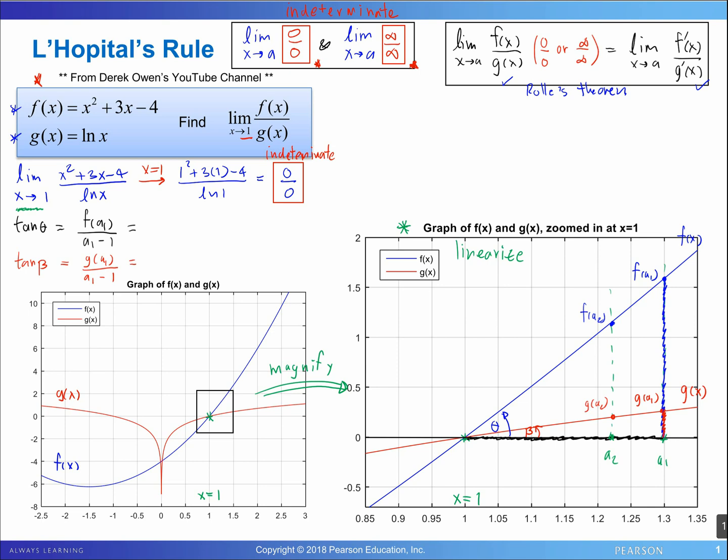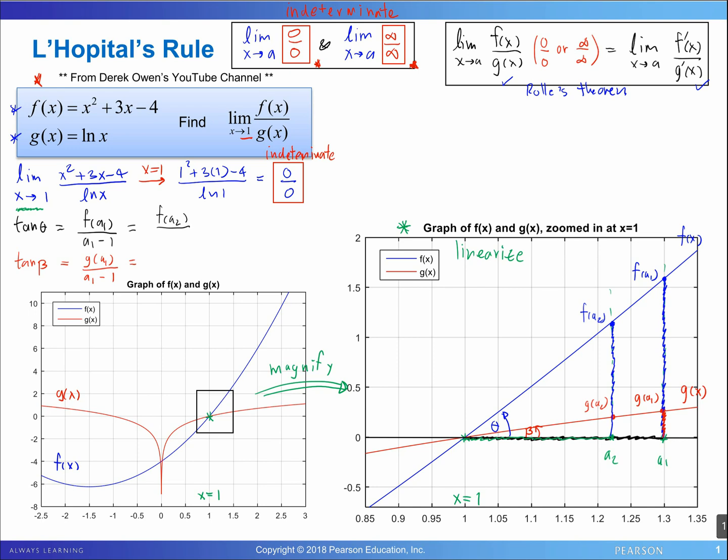Tan theta, the opposite side at this location, is going to be this. The length of this, the height of the line, is equal to f of A2. So over here we have f of A2 divided by this line and up to here. The length of this line is A2 minus 1.